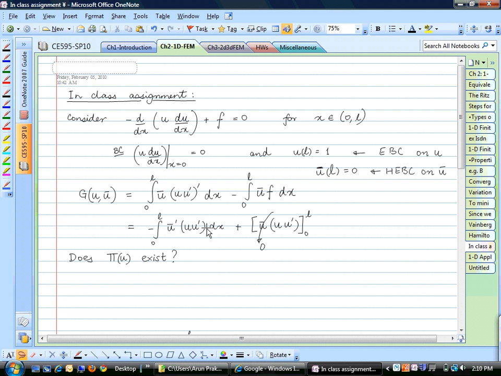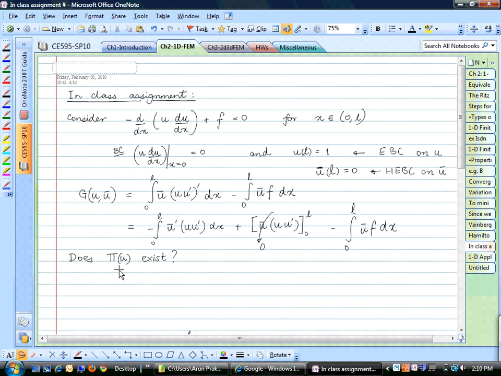And I think in your handouts there is a dx missing right here. So you can add that too. And let me add the body force term. So this is your principle of virtual work for this problem.